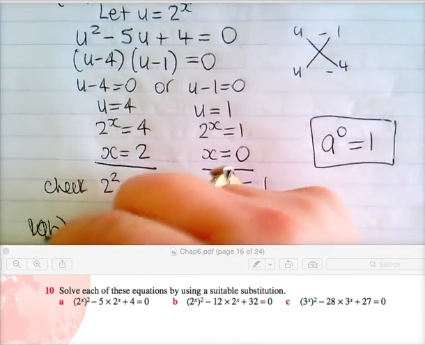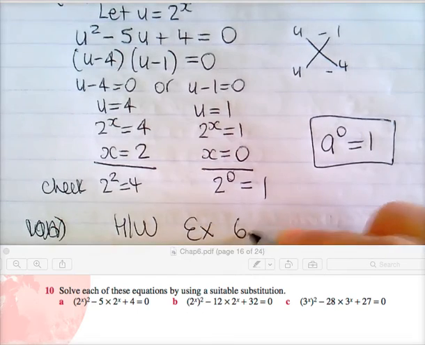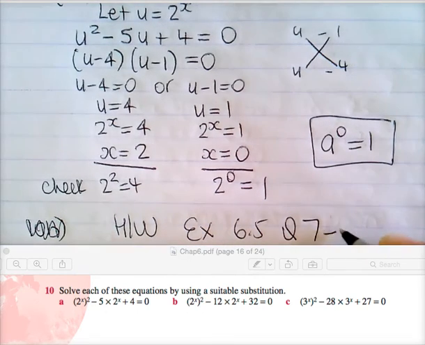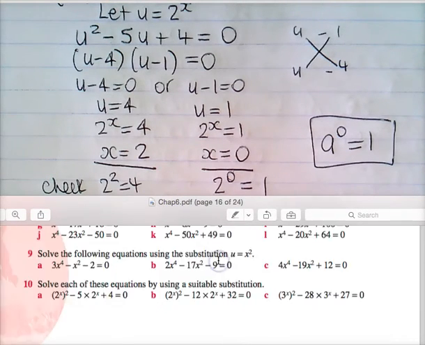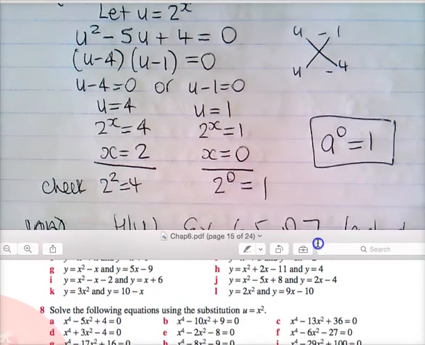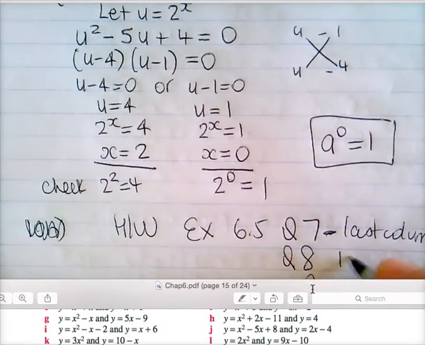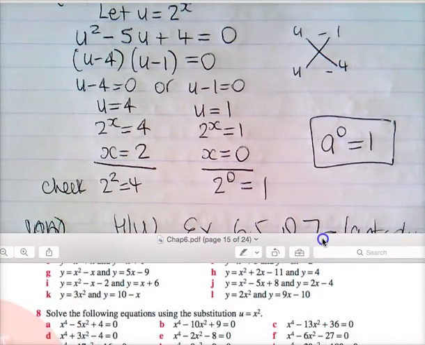All right. Homework. Exercise 6.5, question 7, last column. All of it. Questions 8, 9 and 10. Actually, if you want, with question 7, you don't have to do each one.